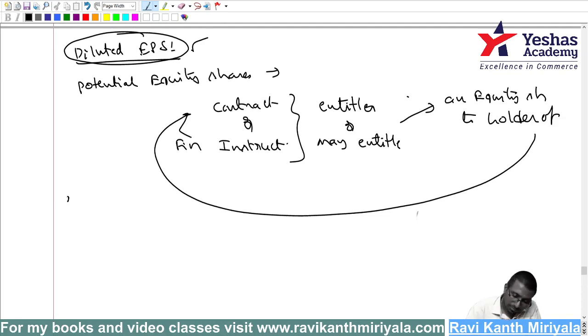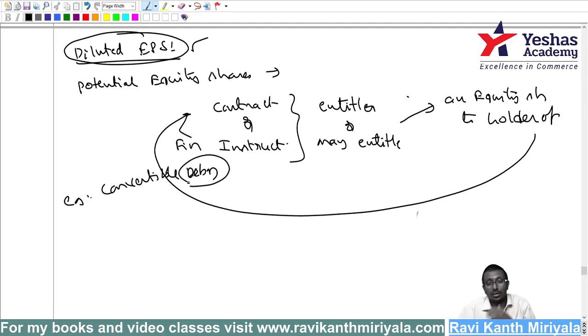What is an example? I'll say convertible debenture. The holder of a convertible debenture may be entitled, because it may be at the option of the company or the option of the holder. If it is mandatorily convertible, it means definitely entitled. Optionally convertible means a choice, may be entitled.